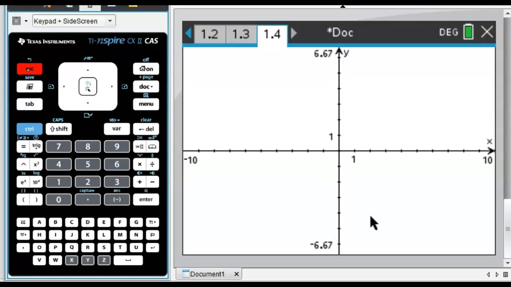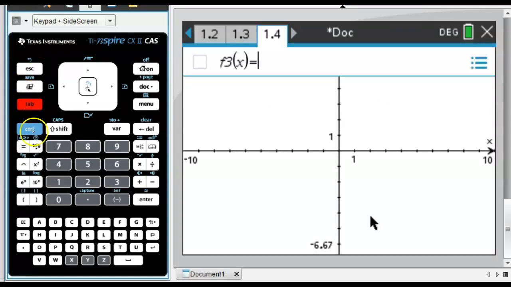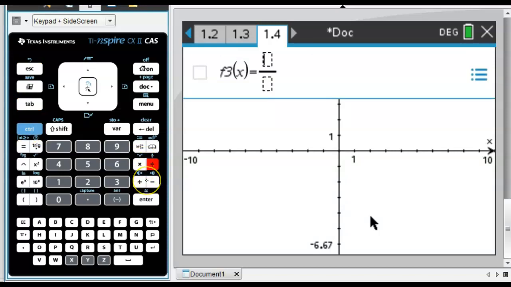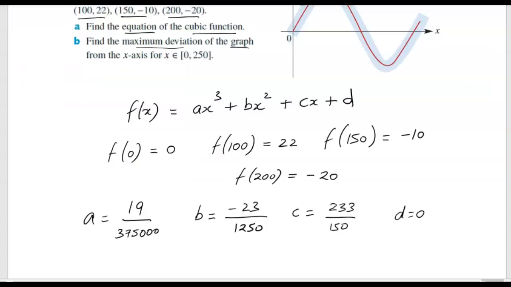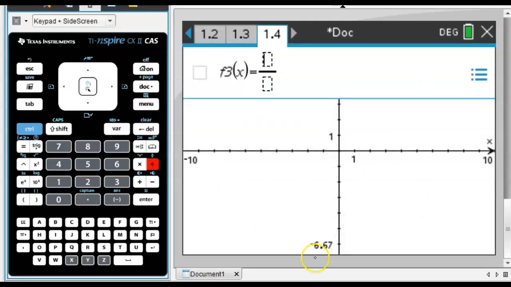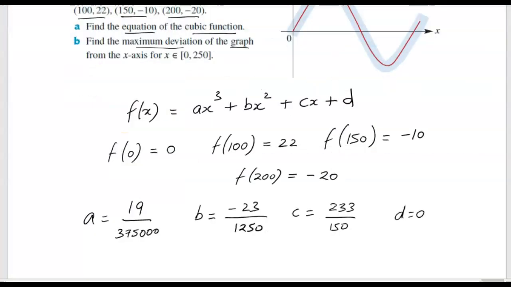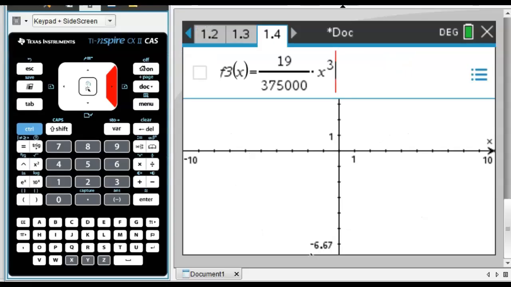So, right, we're going to go Control divide. Alright, let's remember the values again. 19 over 375,000 times x to the power of 3. Right, the second value is going to be minus 23 on 1250.